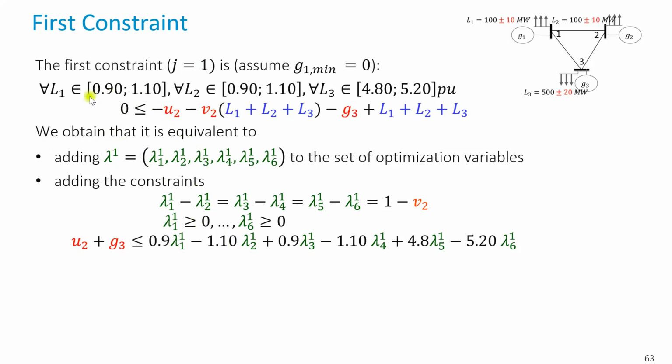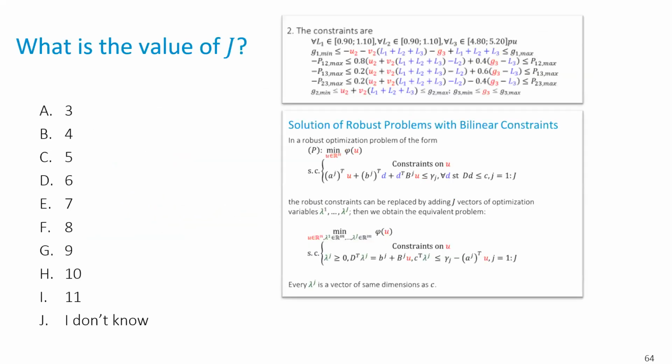And this constraint, that for all L1, L2, L3 this inequality is satisfied, is equivalent to this inequality here, where lambda 1,1 to lambda 1,6 satisfies all the constraints that are derived by constructing the dual of the auxiliary optimization problem, which gives this constraint here.